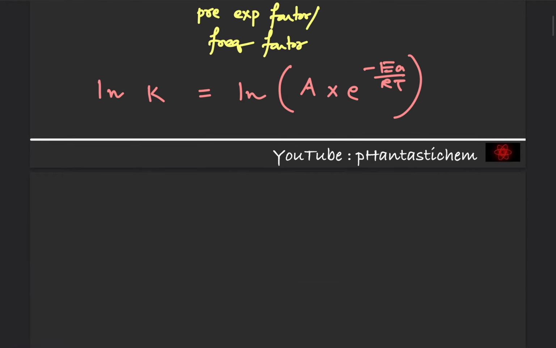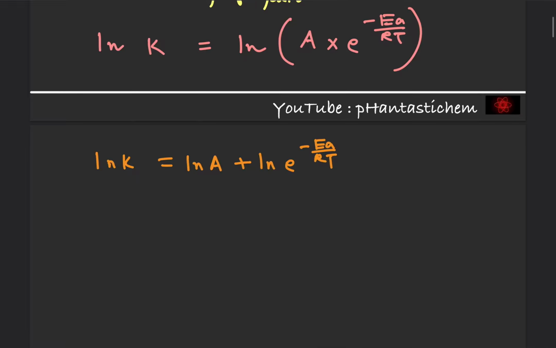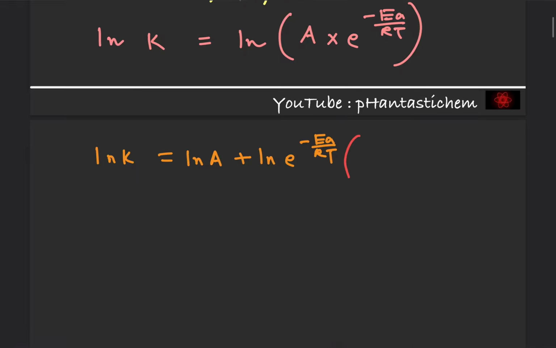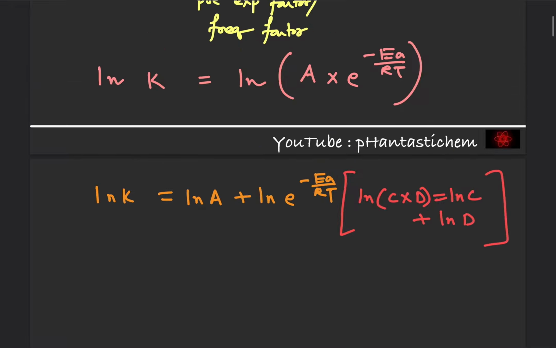I can write further ln k is equal to ln A plus ln of e to the power minus EA by RT, using the law ln of C into D is equal to ln C plus ln D.